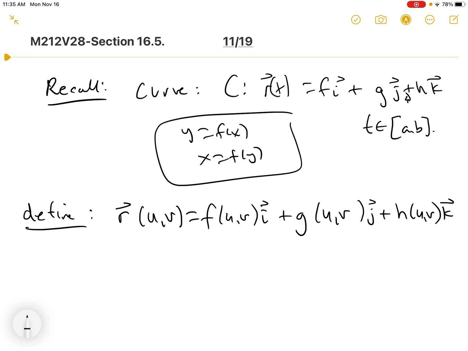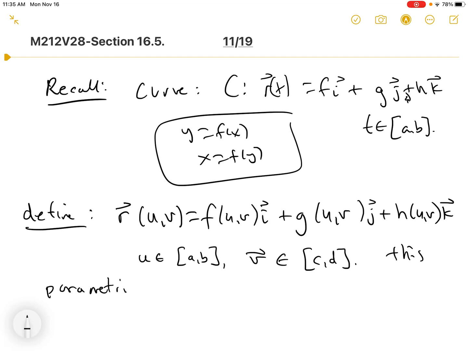And u has to have some interval and v has to have some interval. So u goes from a to b and v goes from c to d. So we're just now doing something super cool, and this defines a surface. So this parametrization defines a surface.